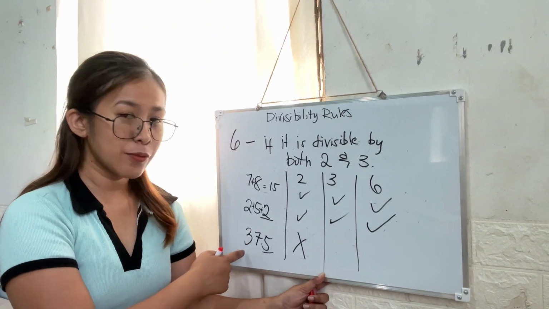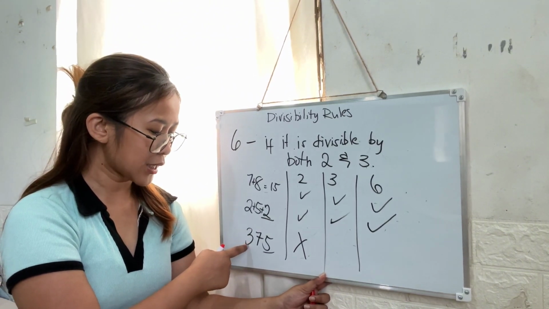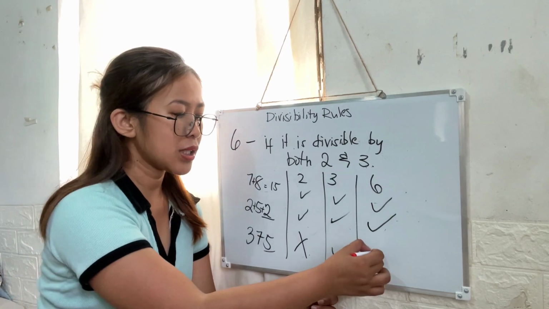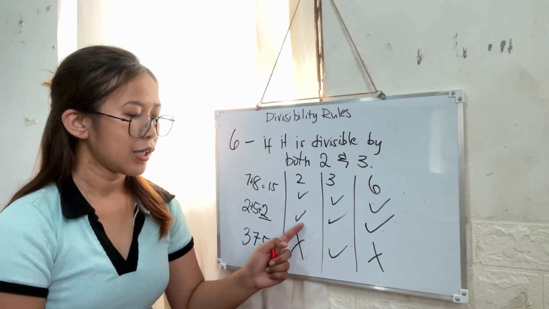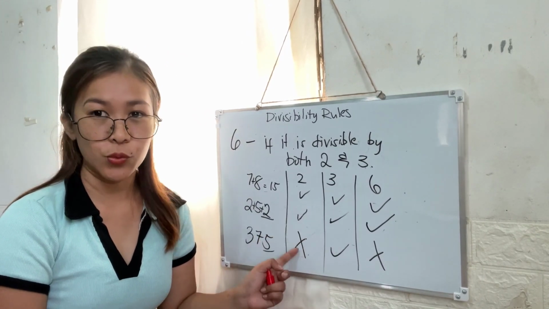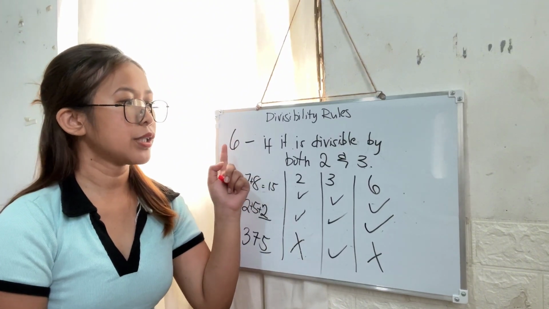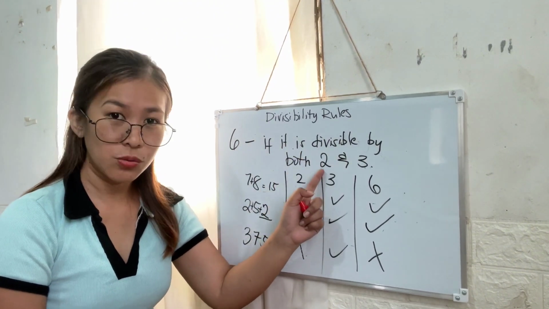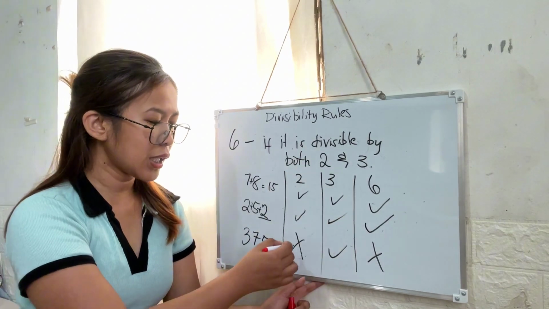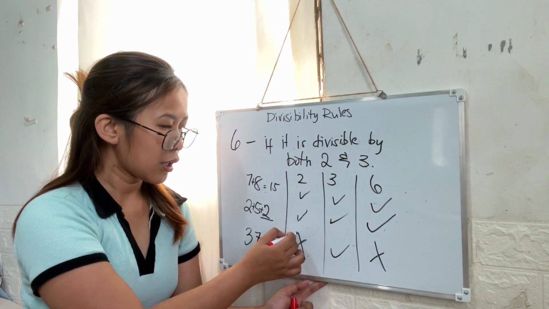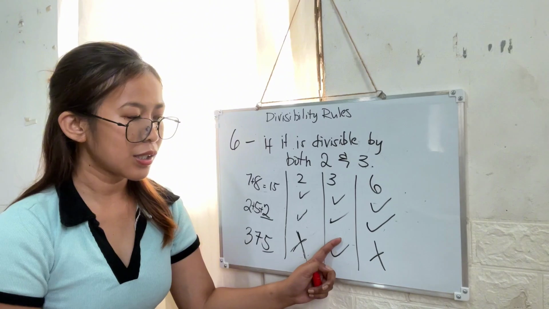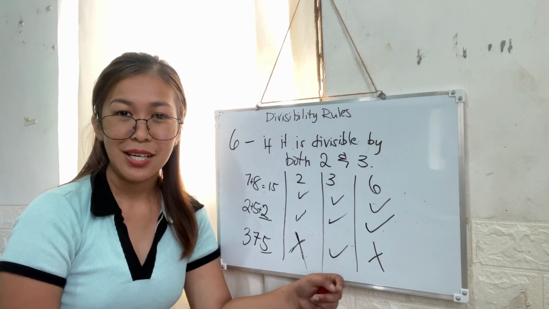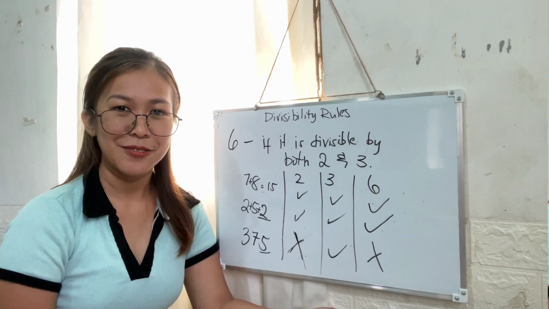Although, it's divisible by 3 because 7 plus 3 is 10 plus 5 is 15. It's divisible by 3. So, hindi pa rin siya divisible by 6 because hindi siya naging divisible by 2. Remember, a number is divisible by 6 if it is divisible by both 2 and 3. So, kung hindi na kagad siya divisible by 2, wag nyo na siyang i-check kay 3 kasi automatic naman na hindi siya divisible by 6. Okay? Ganun lang siya kasimple.